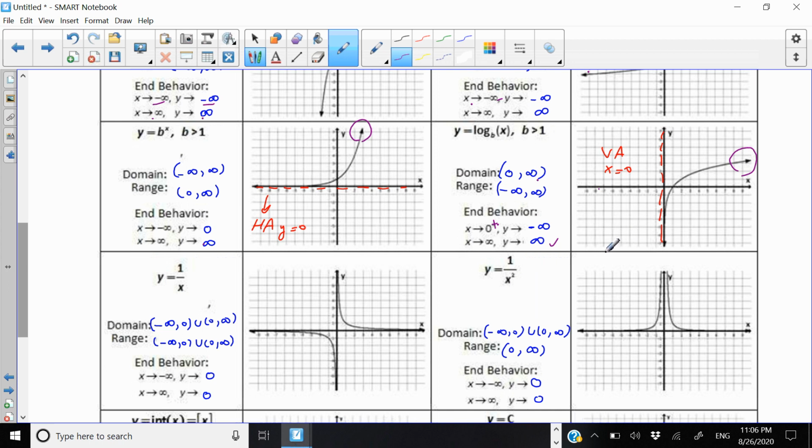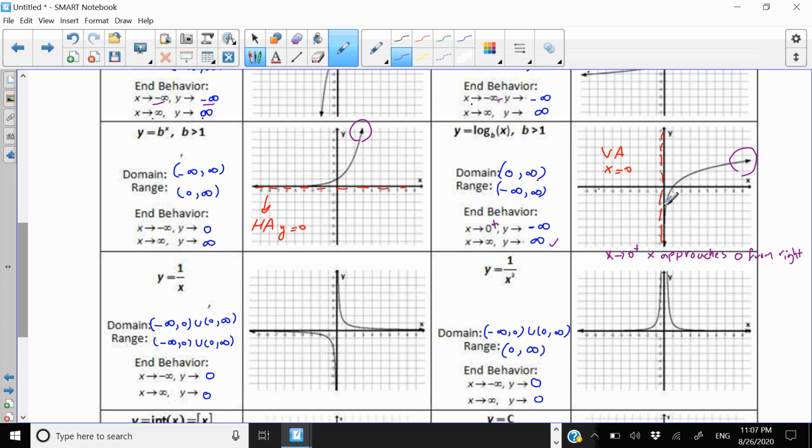X goes to 0 plus means x approaches 0 from the right, or we can say from the larger side. So this will be the end behavior as x goes to 0 plus.